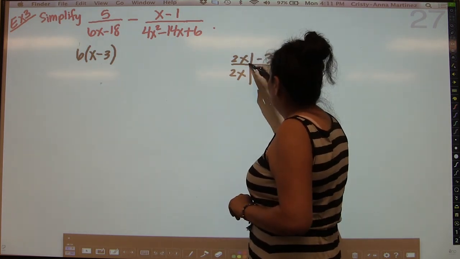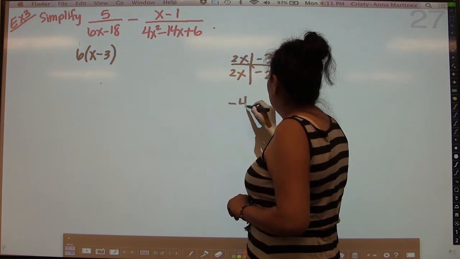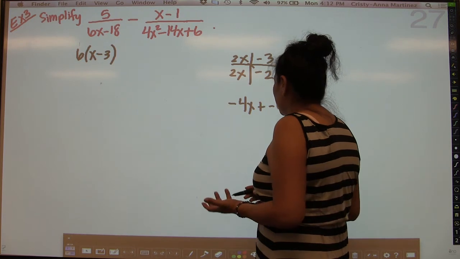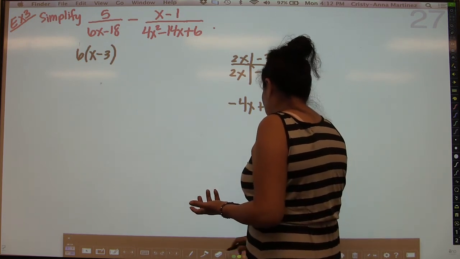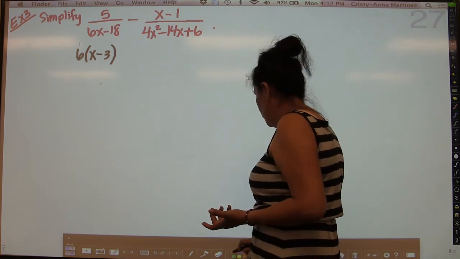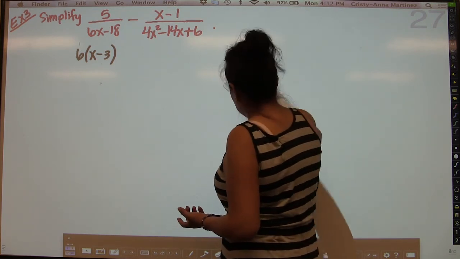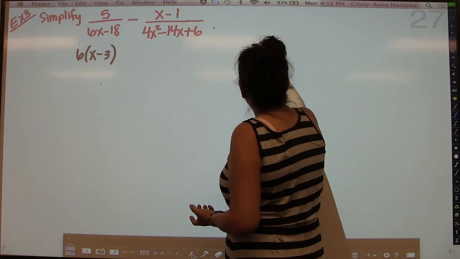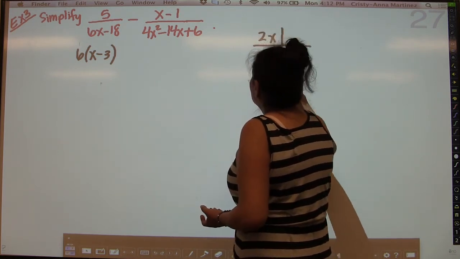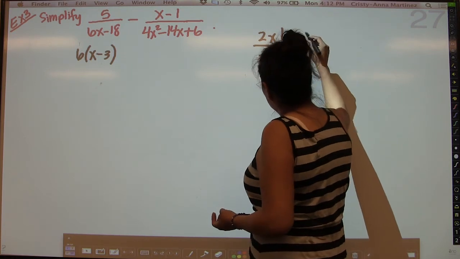But it turns out that I've got negative 4x and a negative 6x, and that's only going to give me negative 10x's. So that's not going to be the right way to go. So I try something else. Still using the 2x and the 2x, but now I'm going to use maybe 6 and 1.